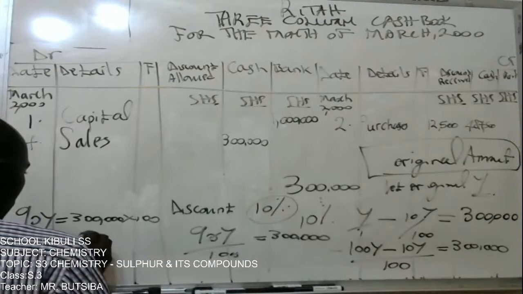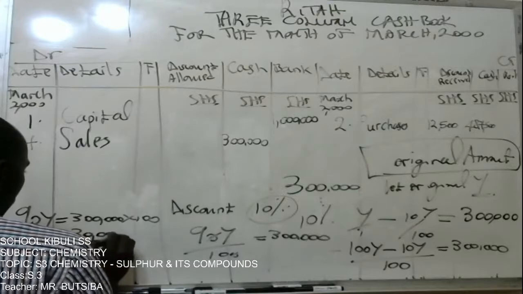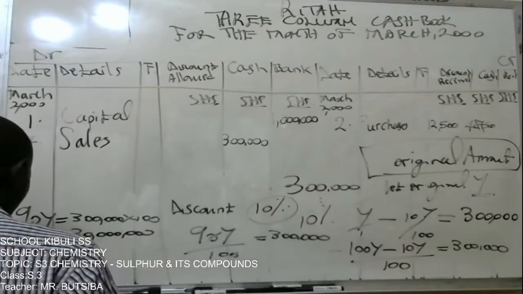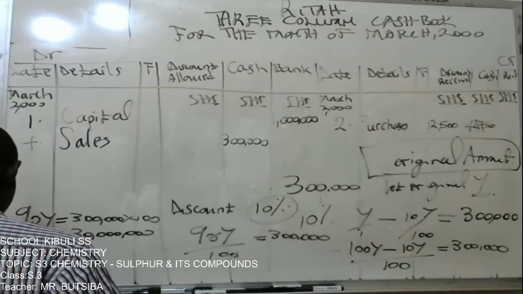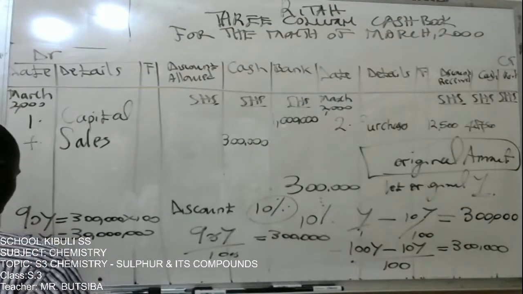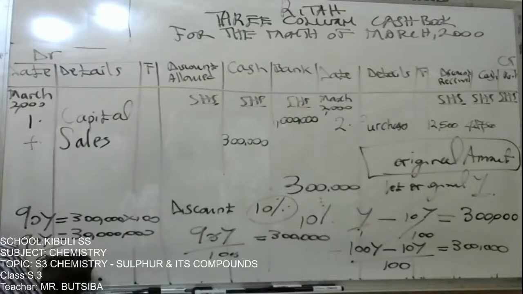That gives you 30 millions. Then you divide by 90. So that means your original amount equals 30 millions divided by 90.